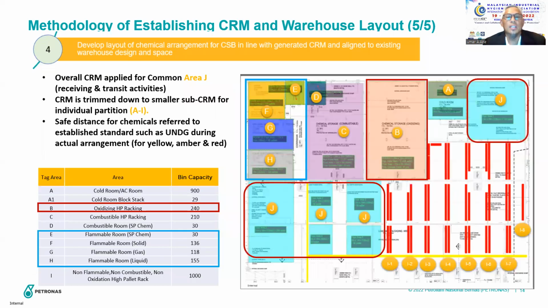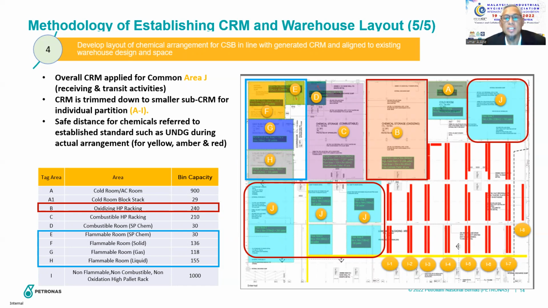This is the final layout of CSB. As I mentioned earlier, the overall CRM applies to the common area, denoted as J area. The activities that take place in J area are receiving and transit activities, which involve all chemicals.